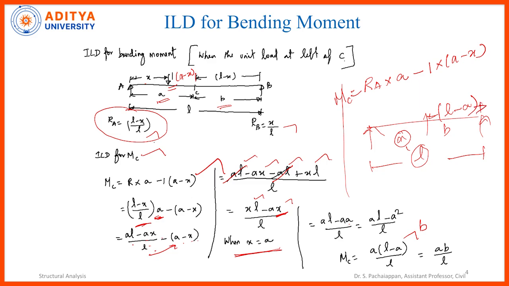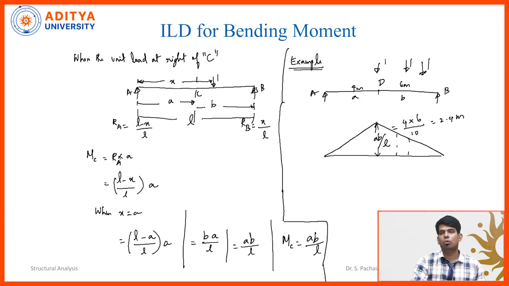Instead of L minus A, if you put B, then it will become AB by L. So the moment at point C, when the load is acting exactly at the point C, is nothing but AB by L. We calculated the moment at point C as AB by L.